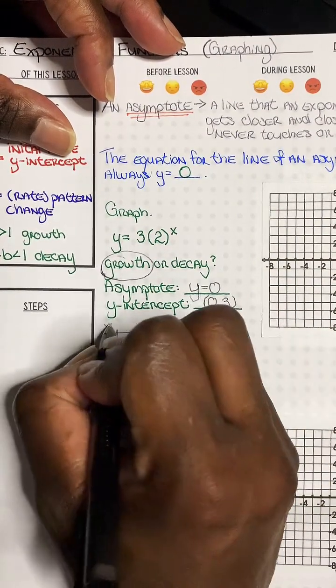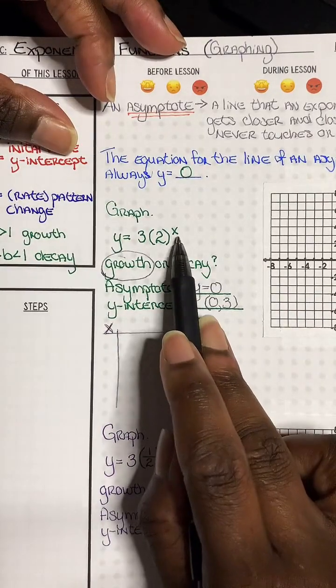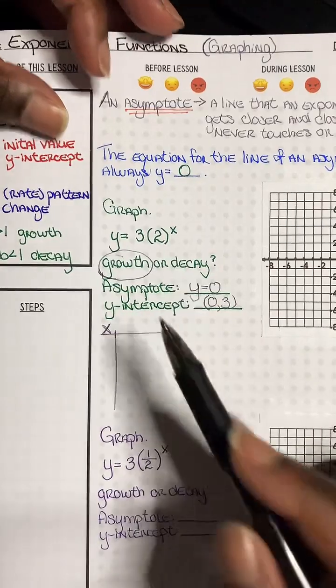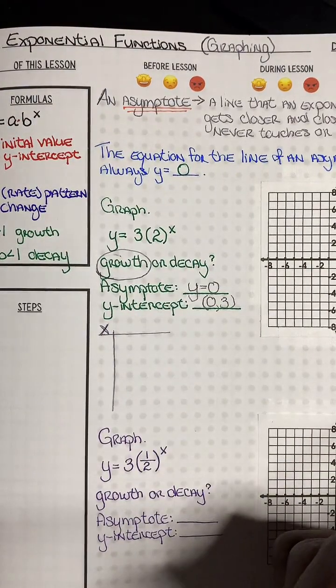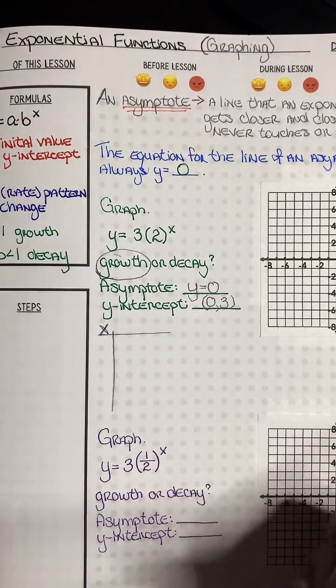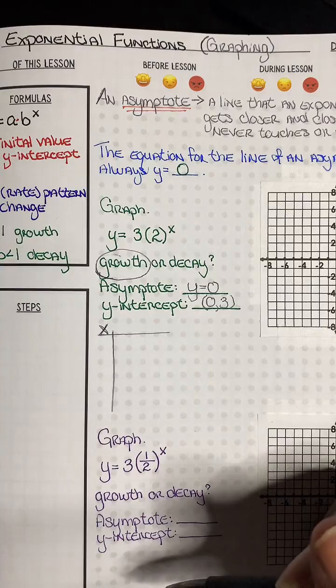I'm going to pick some x values. Now here's the thing: the x values are going to be the exponents. So why not make a couple of them positive, a couple of them negative, and one that's 0.